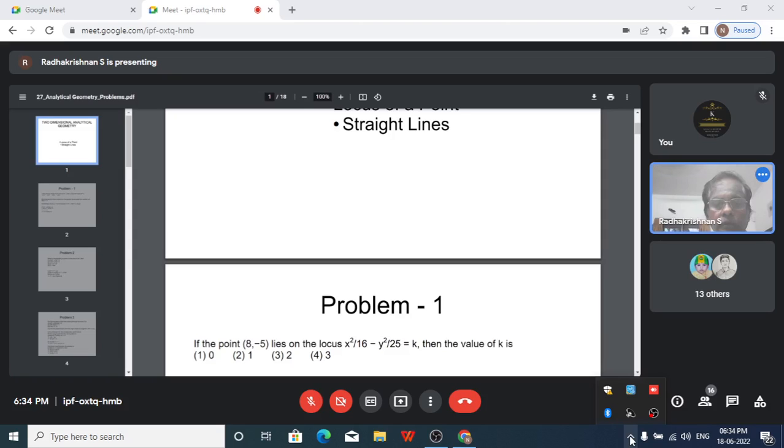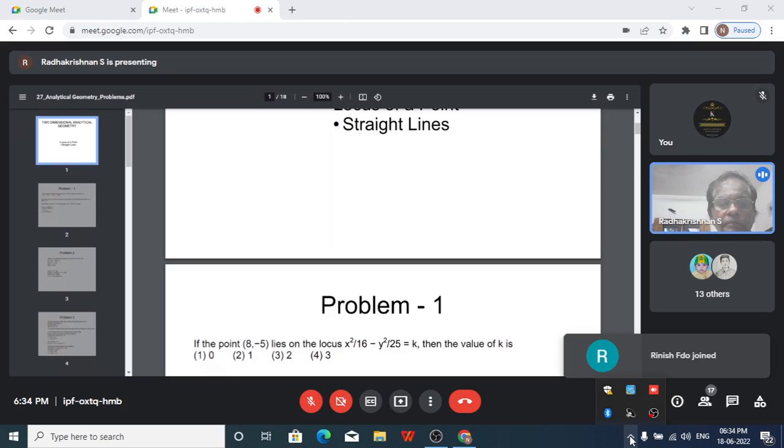Okay. So this is on the locus of a point. If the point (8, -5) lies on the locus, then it satisfies this equation, because locus means it traces that point. It will always satisfy this equation.